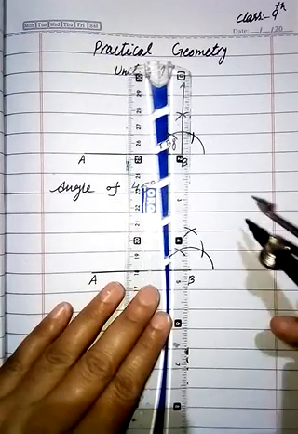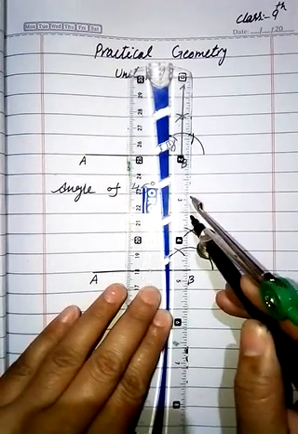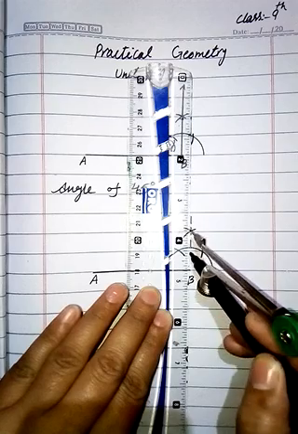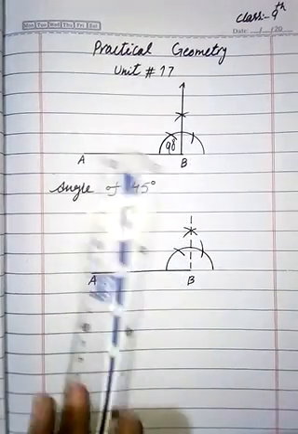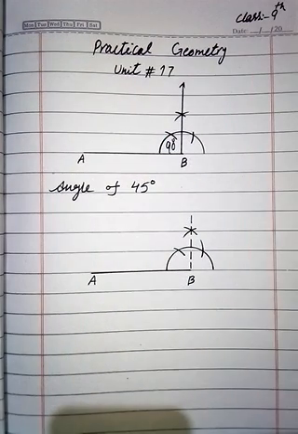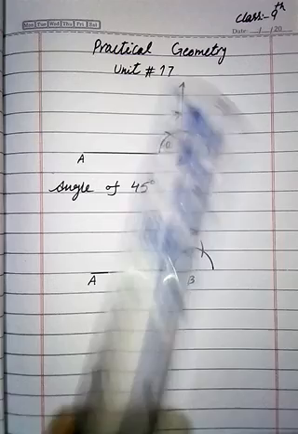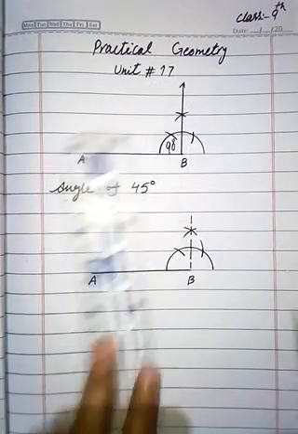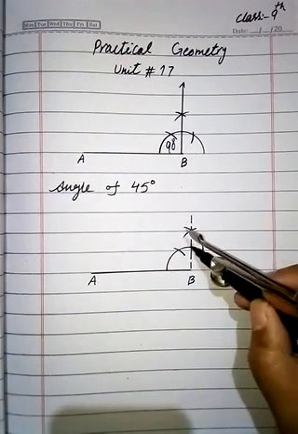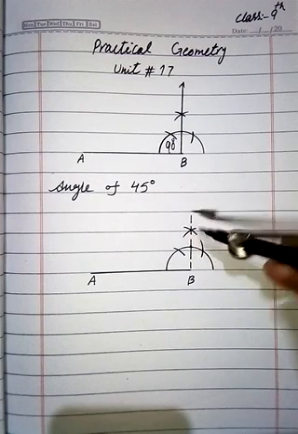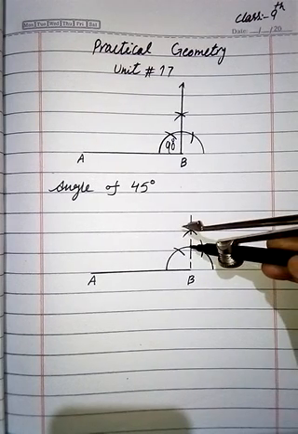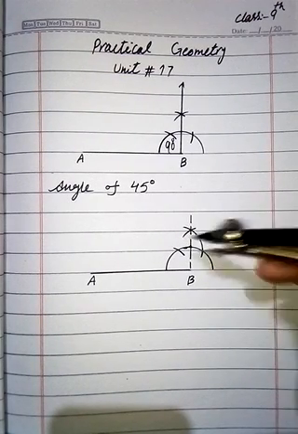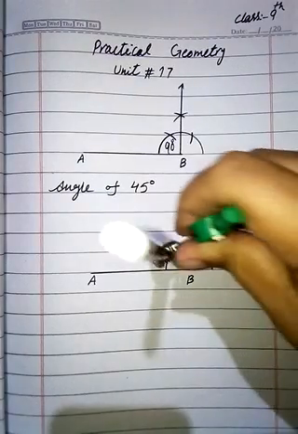You have to construct the angle of 90 degree in dotted form because it is not our requirement. It will be just helpful for the angle of 45 degree. Now check that the angle of 90 degree touches the semicircle at this point. Now this point and this point. Now you have to put compass at this point and draw an arc.